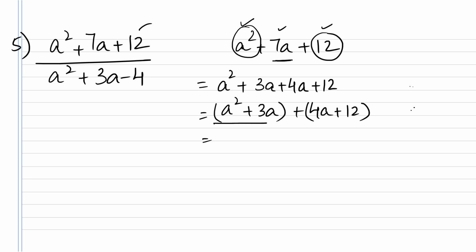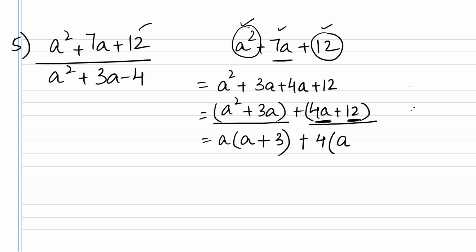From the first group, what is the common factor? a. So when I take out a common, a is left, plus 3. Plus, in this bracket, what is the common factor? 4. 4 out. From 4a, 4 is already out, a is left.